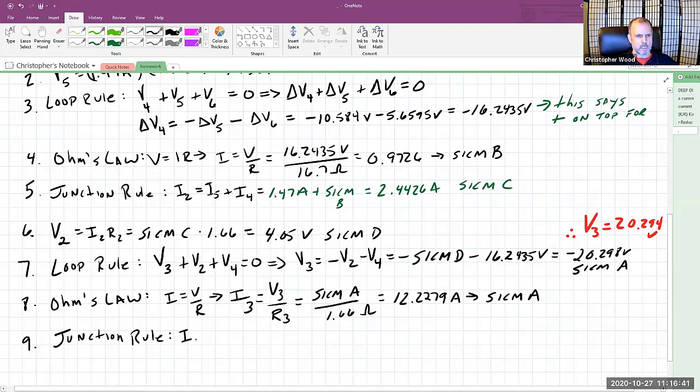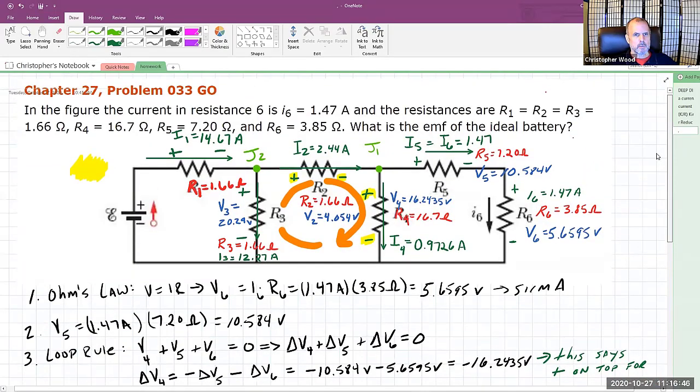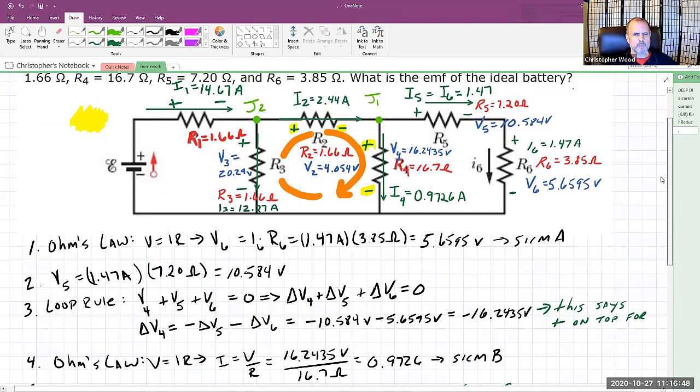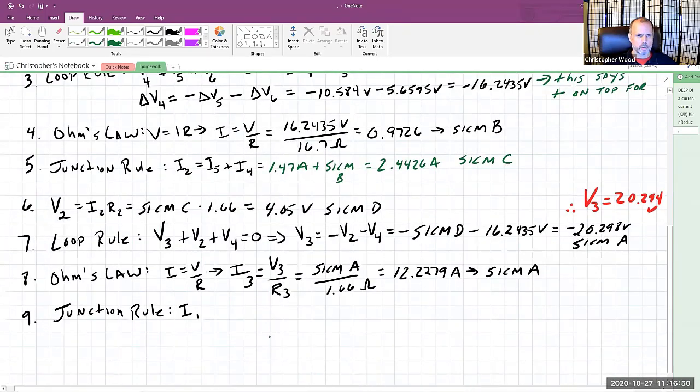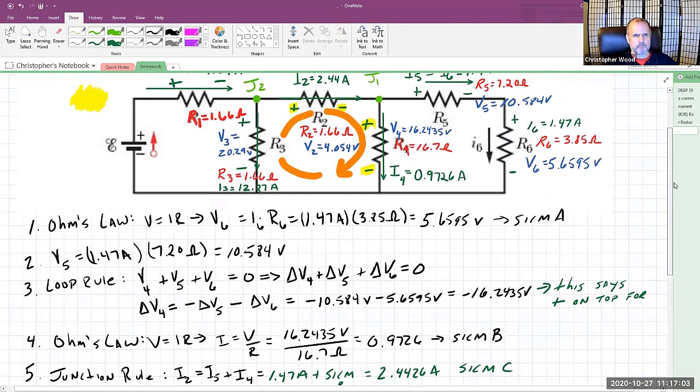The current flowing through resistor 1. And what's flowing out? The current flowing out through resistor 3 plus the current flowing out through resistor 2.